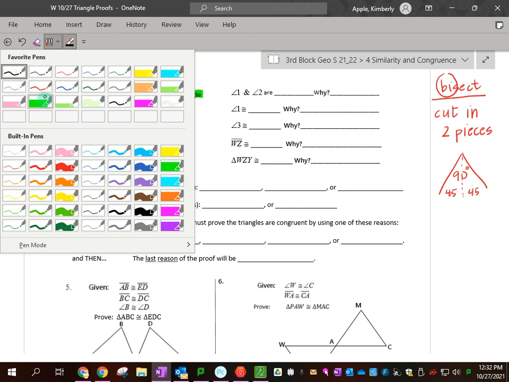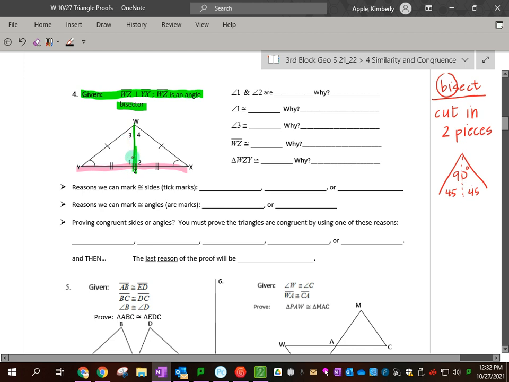That means where these two lines meet, right angles are created. So I'm going to go ahead and draw those on the diagram. So WZ is perpendicular to YX, and so that's why I made those markings.